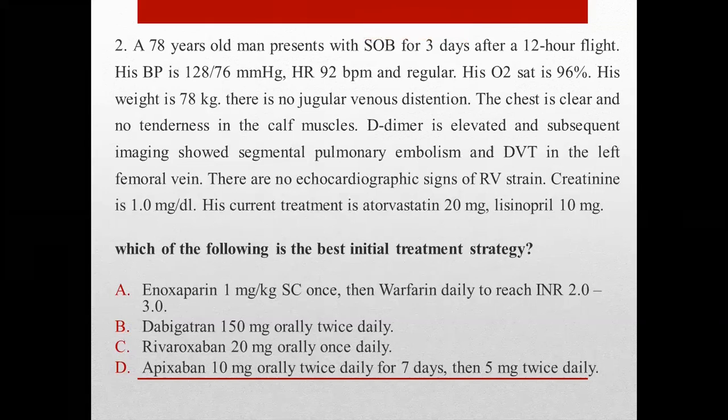Enoxaparin 1 mg per kilogram subcutaneous once, then warfarin with an INR 2 to 3, dabigatran 150 mg twice, rivaroxaban 20 mg once, or apixaban 10 mg twice for 7 days, then 5 mg twice daily. So I'm waiting for your answer.